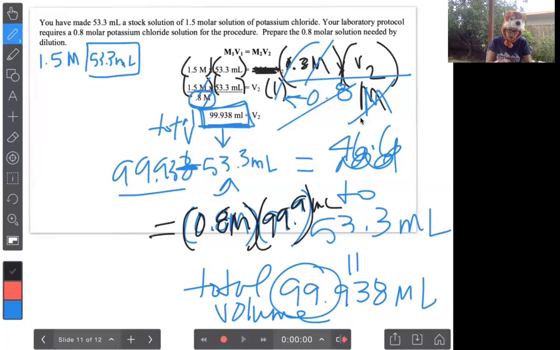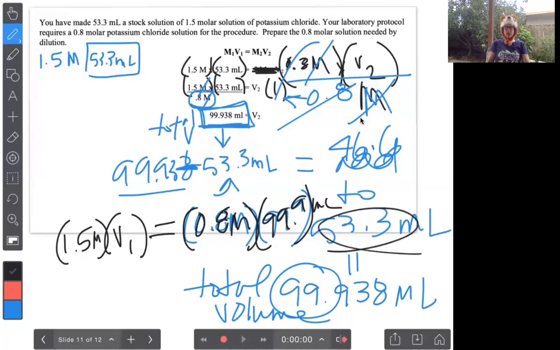And you can do, right, the V1, make this 1.5, and then solve for V1, better get 53.3. Or I put in 53.3 here and then solve for molarity, better get 1.5. Then you know you did it right. I'm not doing it right now. But I should check myself in case this is all wrong. Just kidding, we're fine. Makes sense, yes?